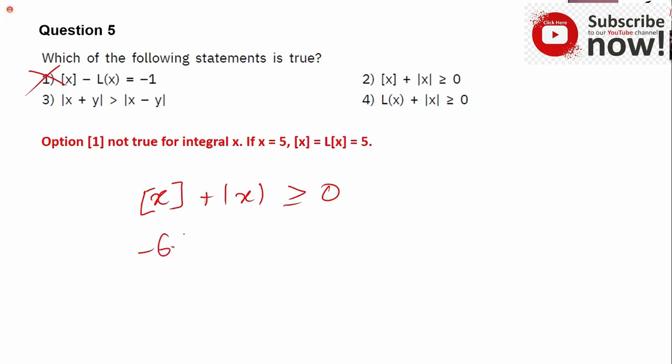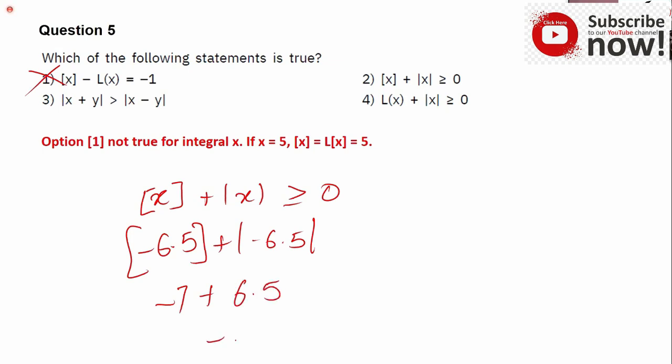So the greatest integer of minus 6.5 plus mod of minus 6.5. What will it be? This will be minus 7 and this will be plus 6.5. Overall, it will be negative 0.5, which is not greater than or equal to 0. So my statement became false. Right?